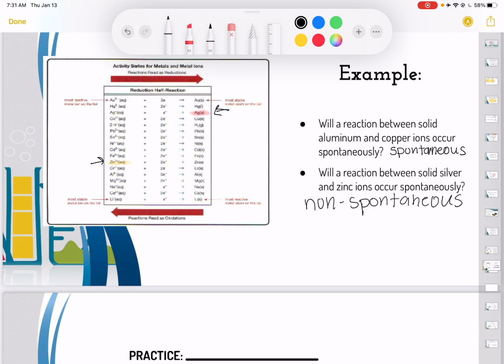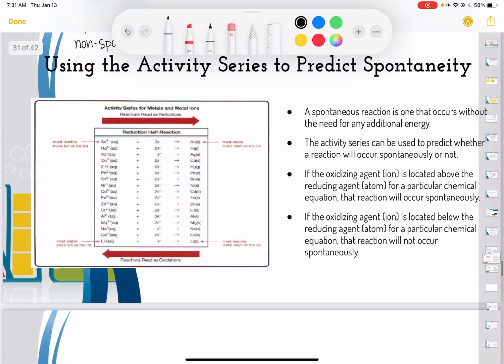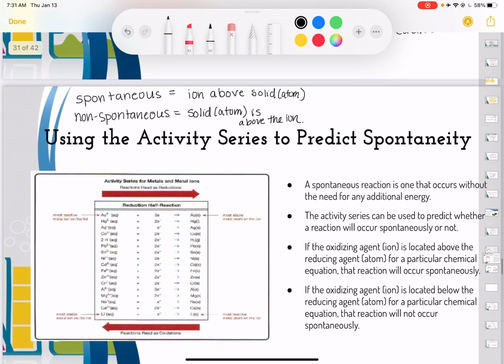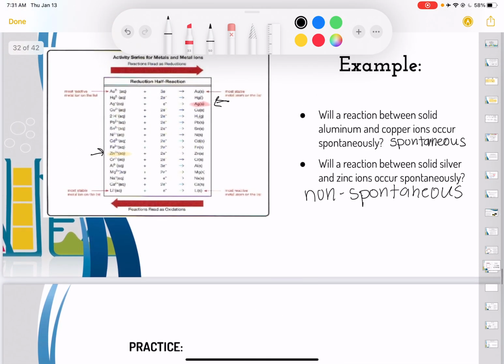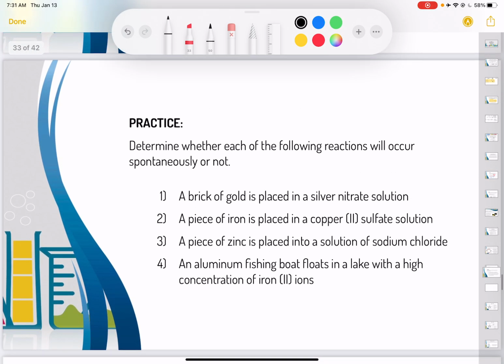So that's how you read the table. So just remembering that little fact there, it's spontaneous if the ion is higher than the solid.